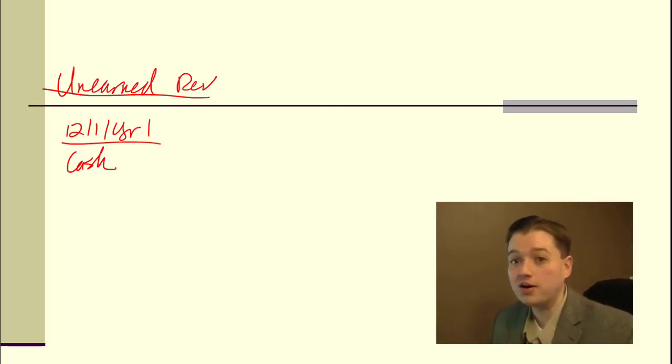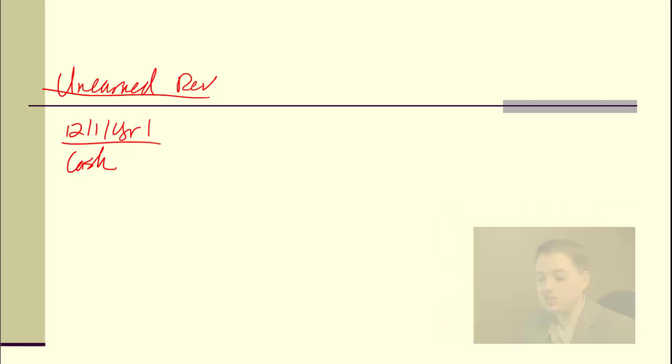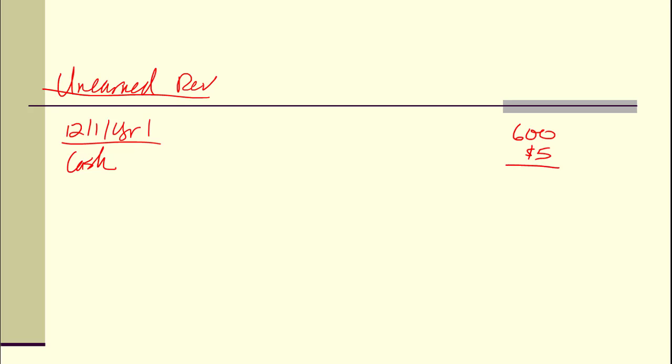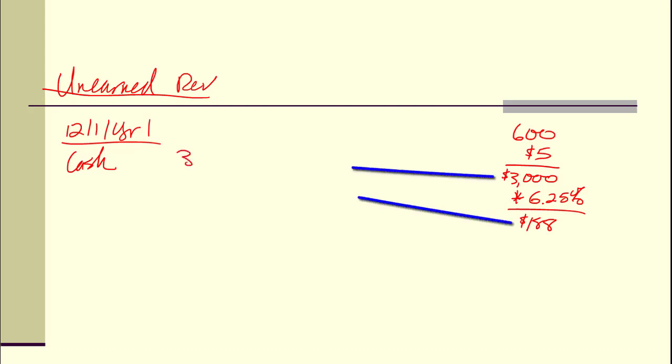But we've learned something important. That is, we have to charge the sales taxes as well. So we're really going to get cash for 600 turkeys times $5. It's going to give us $3,000 that we get to keep, but we're also going to charge this sales tax, and that's going to be $188. So we're going to collect cash of $3,188.